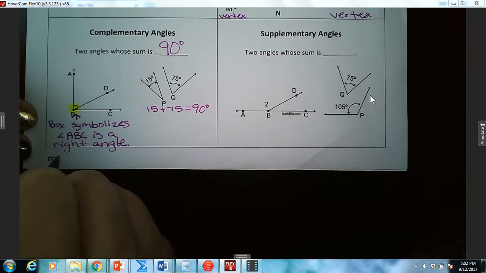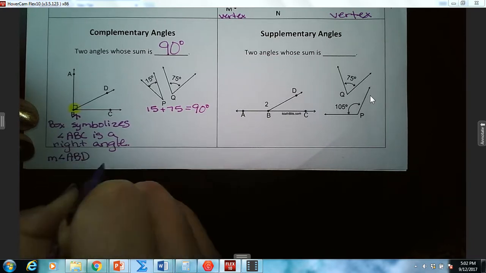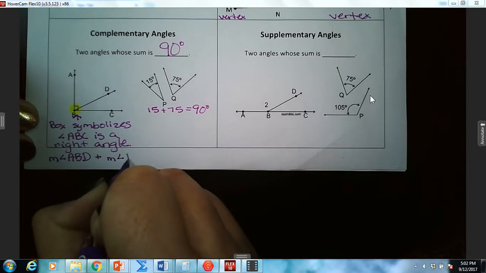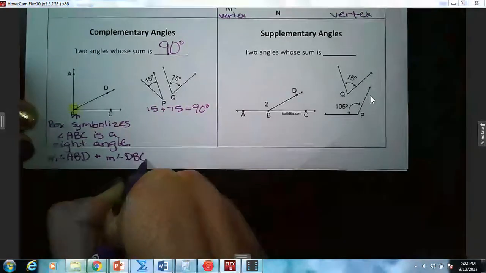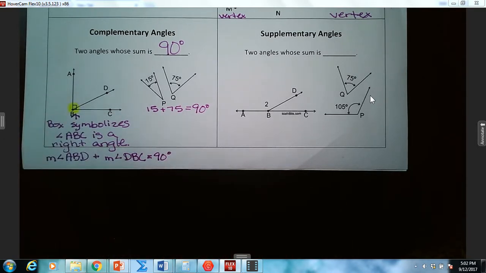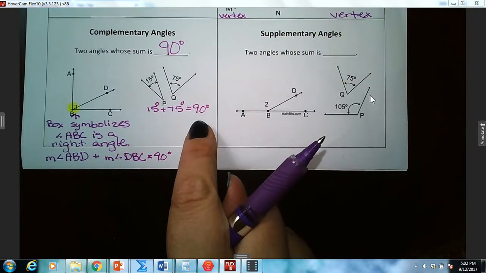The measure of angle ABD plus the measure of angle DBC is equal to 90 degrees. That's a mouthful right there. And it says basically the same thing that this does, but here we know the exact measurements.